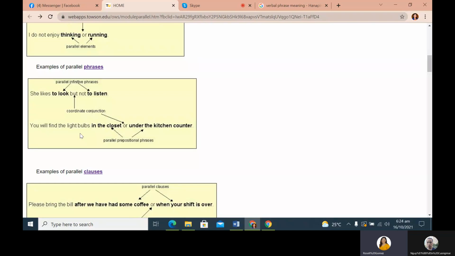So a preposition gives a direction or a location. Now please read the example here. "You will find the light bulbs in the closet under the kitchen counter."